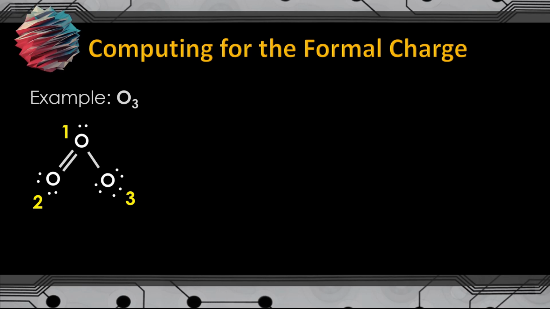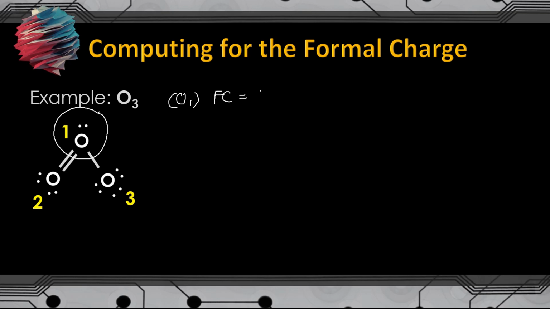For ozone, we will have to compute the formal charge of each atom. For oxygen 1, the formal charge is equal to the valence electrons, which is 6, minus the bonding pair, which is 3, minus the non-bonding electrons, which is 2. The 6 minus 3 minus 2 is positive 1.